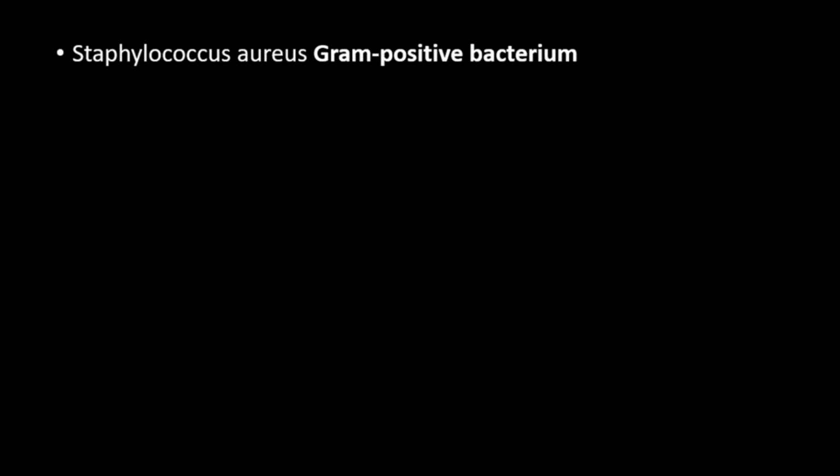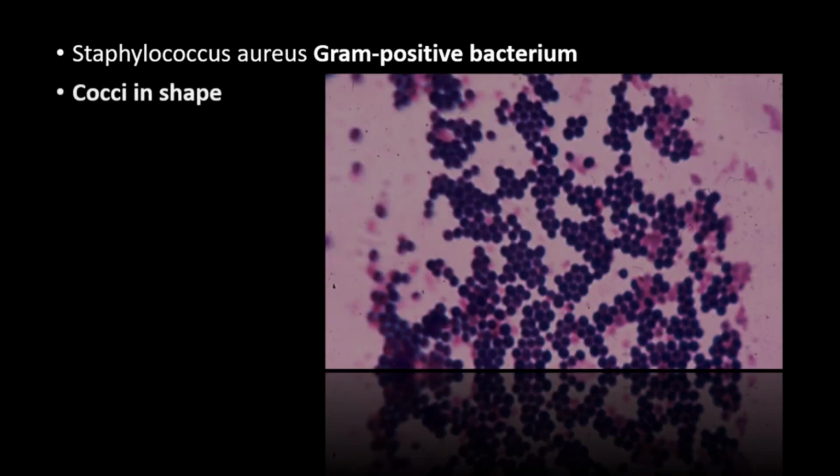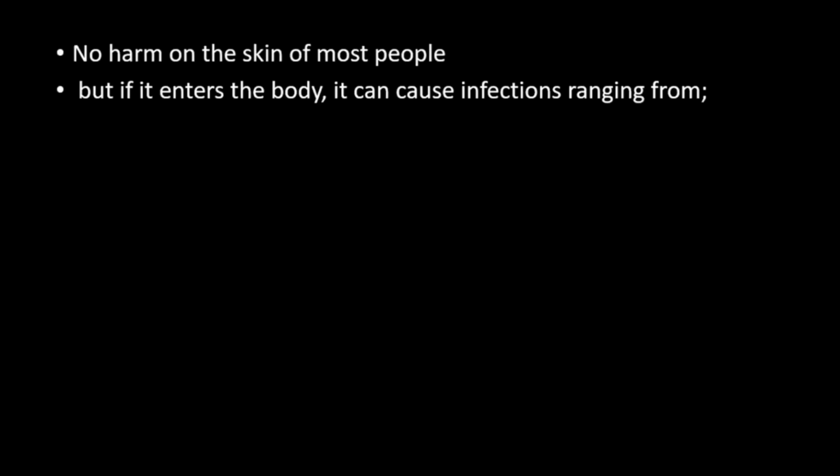Staphylococcus aureus is a gram-positive bacterium, cocci in shape, and lives on our skin. For most people, it causes no harm, but if it enters the body, it can cause infections ranging from skin abscess, pneumonia, sepsis, endocarditis, and other infections.